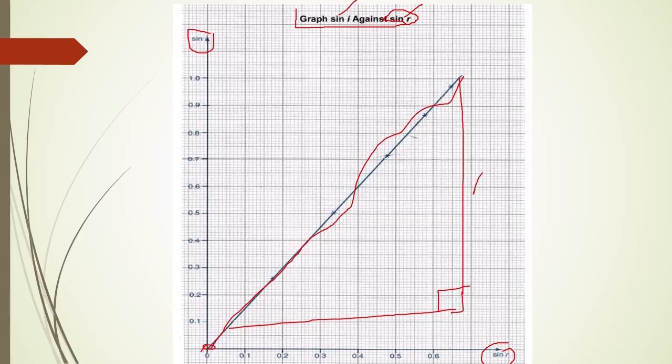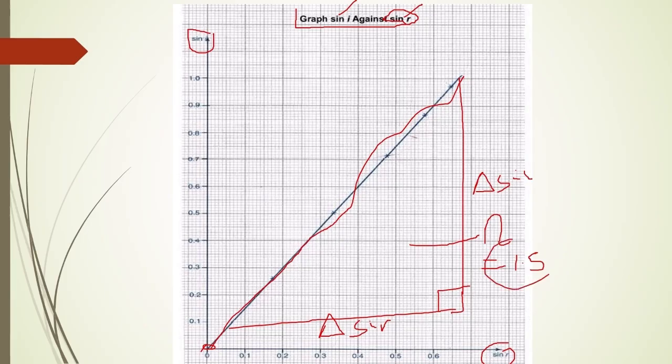The slope is the change in sine of the angle of incidence, sine of I, against the change in sine of R. This slope of the graph is the same as our refractive index. Since we are considering the refractive index for the glass block, this refractive index should be equal to 1.5.